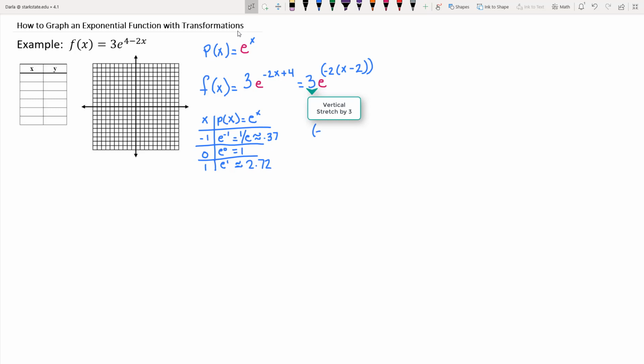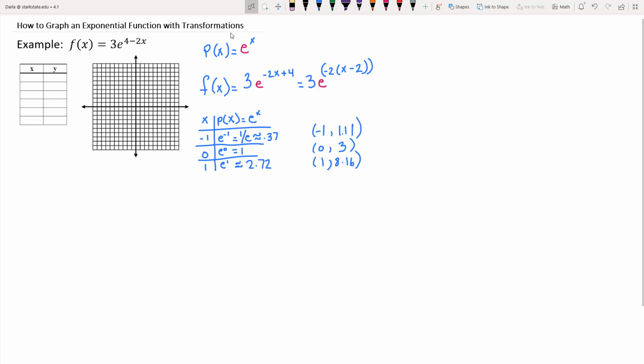So you'll keep your x values, but each of the y's will be 3 times as much. So if we triple 0.37, we'll get 1.11, 1 and 11 hundredths. If we triple 1, we get 3. And if we triple 2.72, we get 8 and 16 hundredths. And so this is all from my vertical stretch by 3.